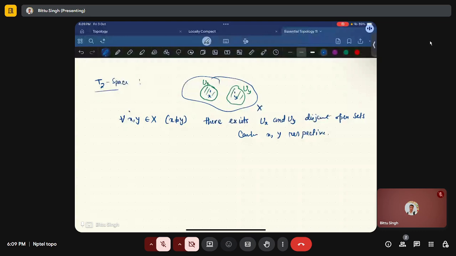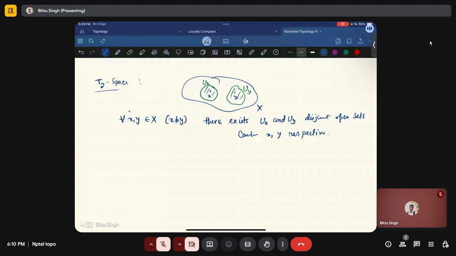Now T3 space. So what is a T3 space? Here the property is like this. Up to this we have only considered two distinct points.